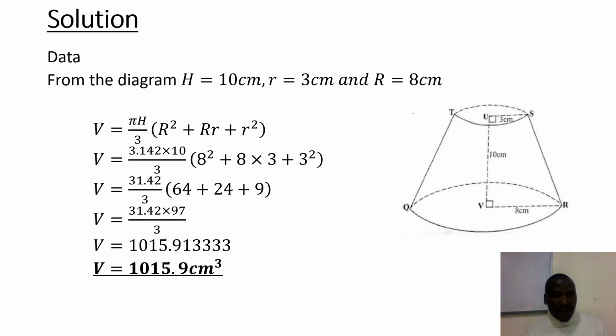This will give volume equals, multiplying 3.142 with 10, you get 31.42 over 3, multiplied by 64 plus 24 plus 9.